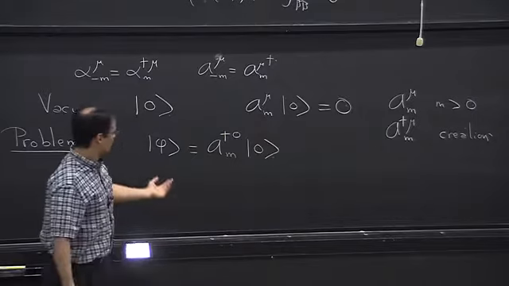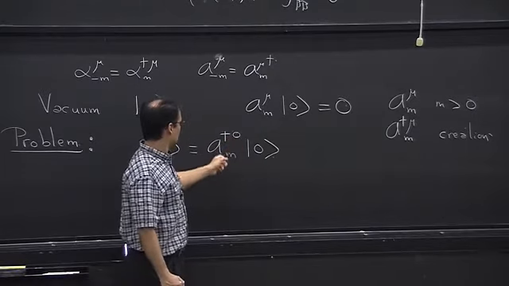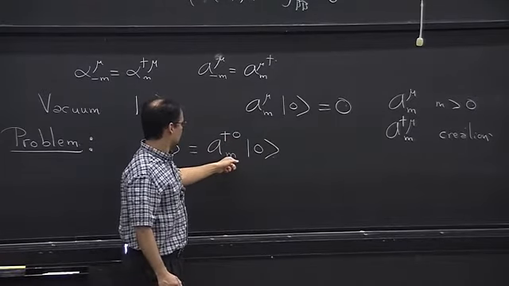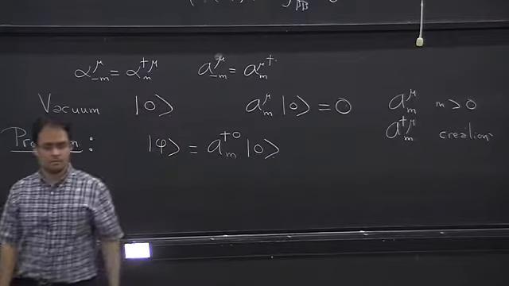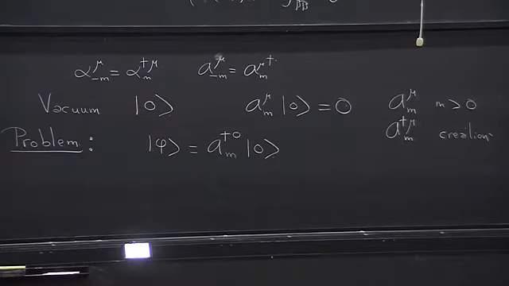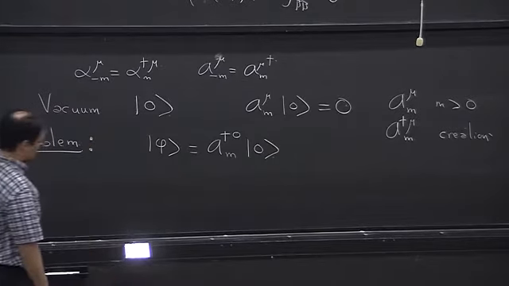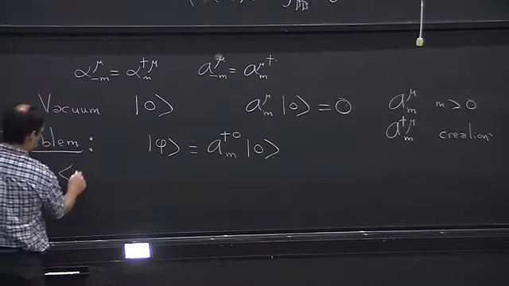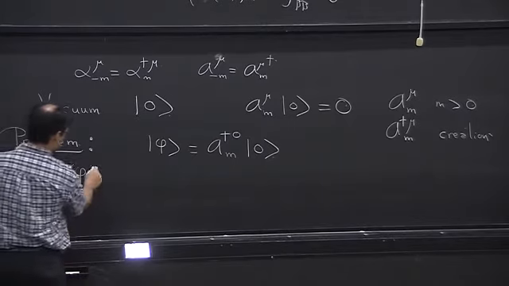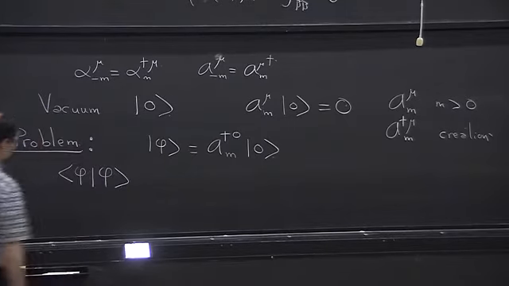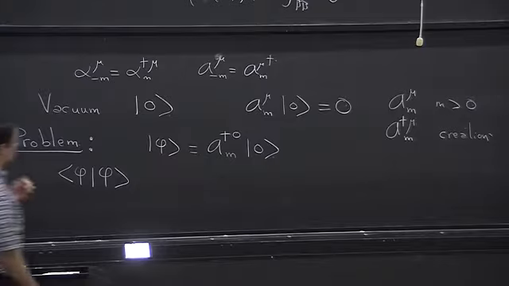So create a state by choosing the time component of some particular oscillator. Well, that doesn't look like a problem at the moment, but let's see what happens if we compute the norm of this state.